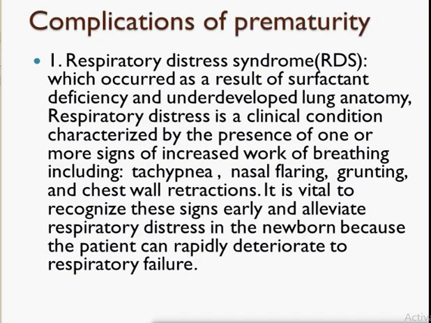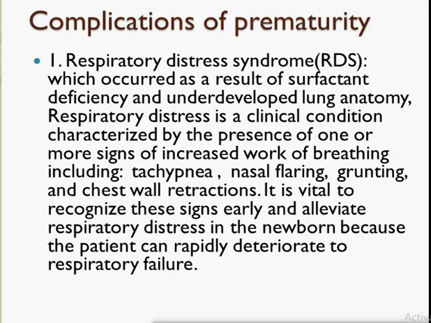Complications of prematurity. At the top of the list, of course, is what we talked about, RDS, or respiratory distress syndrome. A simple reminder, as you all know, it is the result of surfactant deficiency and underdeveloped lung anatomy. Respiratory distress is a clinical condition characterized by the presence of one or more signs of increased work of breathing.